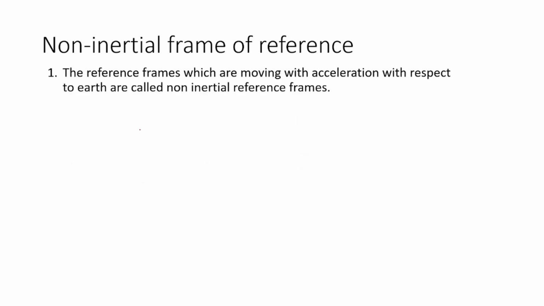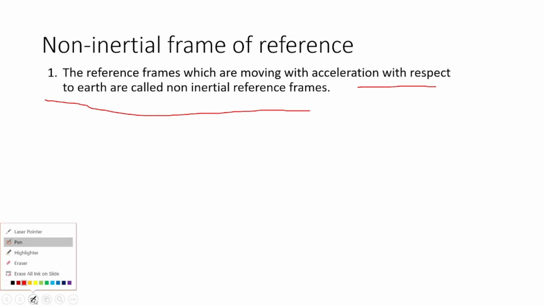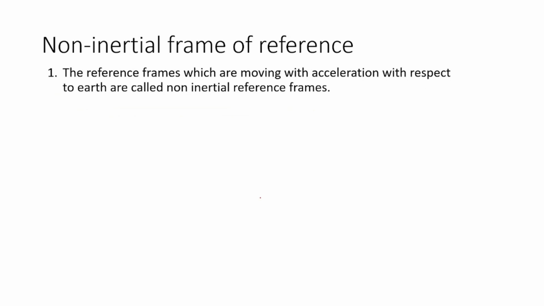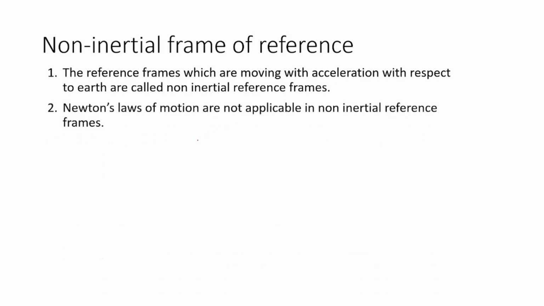Okay, now what is a non-inertial frame of reference? The reference frames which are moving with acceleration with respect to Earth are called non-inertial frames of reference. Non-inertial frame of reference means they are moving with some acceleration. That means velocity is not uniform, that is, dv by dt is not constant.